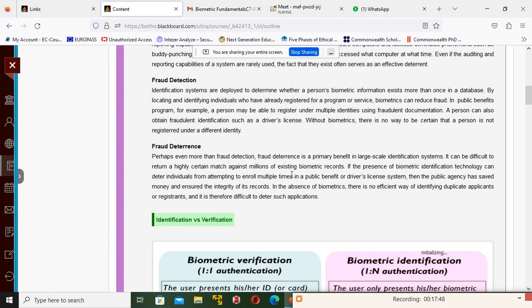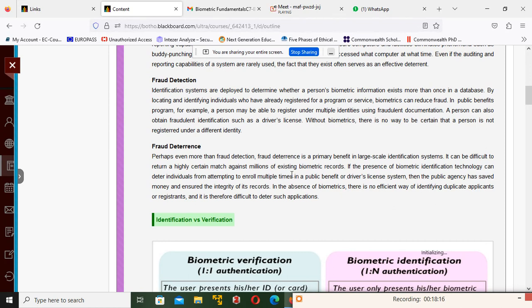When you take fraud detection, a biometric system would definitely prevent multiple personalities. For example, if there is one person and the same person creates another account somewhere, biometric would definitely prevent that, because you are using a single access control.